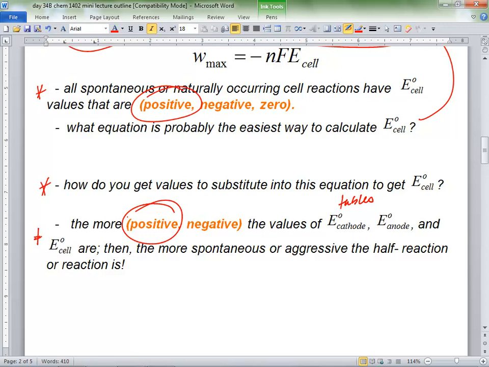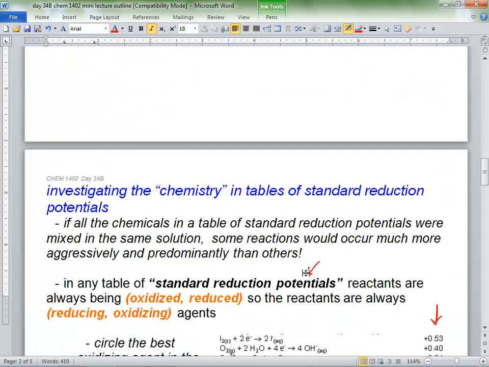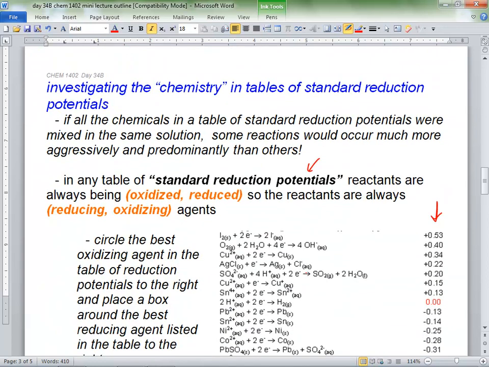I like the word aggressive because, dang, you can't really stop a lot of this stuff from happening. And we'll talk about it in a little bit here. If we took everything in here and dumped it in a vat, it looks like there's a lot of reactions happening at the same time, but not really.